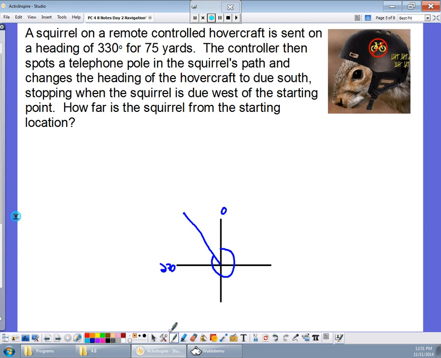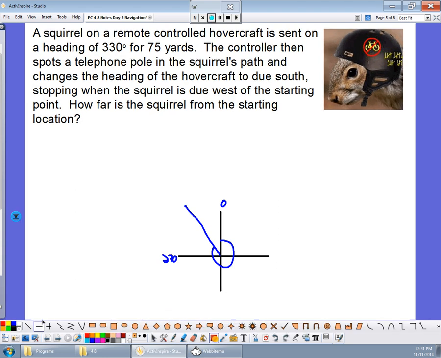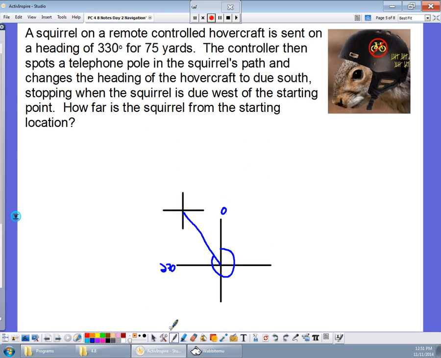And then from that point, it tells me that the hovercraft changes direction and goes due south, stopping when the squirrel is due west of the starting point. So that tells me it's going to go due south, straight down, and it stops when it's due west of the starting point, which was right here.